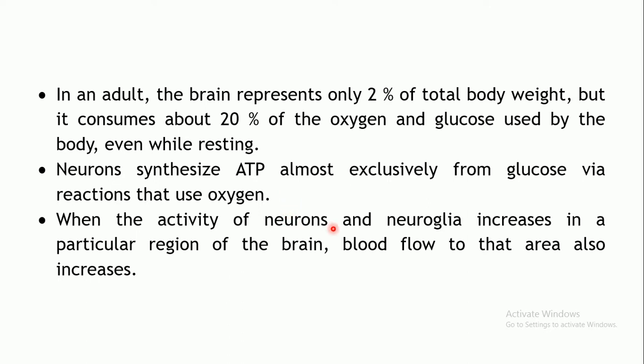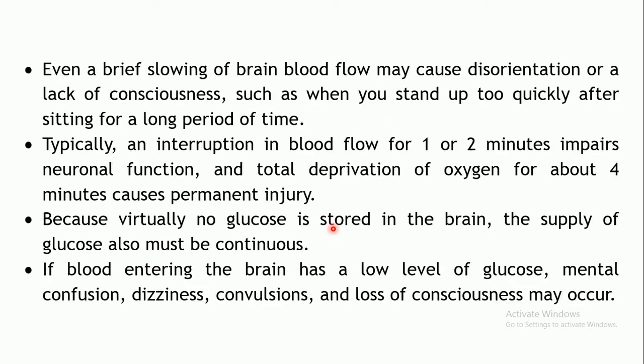And when the activity of these neurons and neuroglia increases in a particular region, immediately the blood flow to that area will increase. Now imagine if there is a brief slowing in the blood flow in a particular area. What will happen? It will result in disorientation or lack of consciousness.